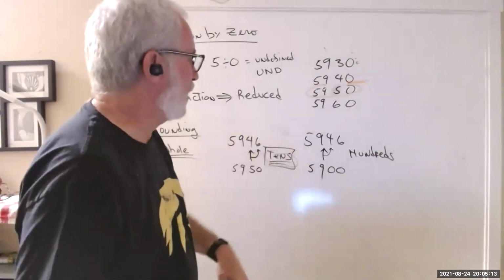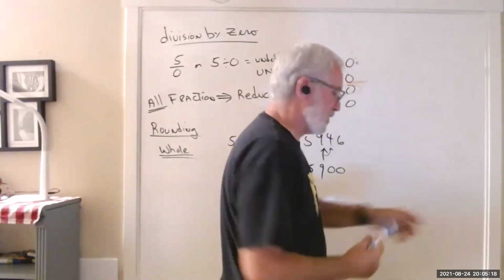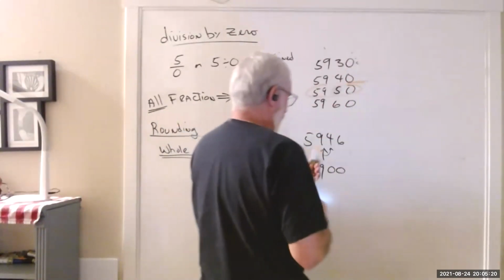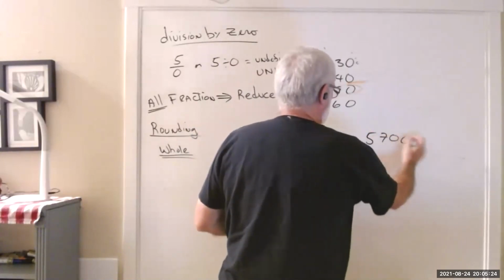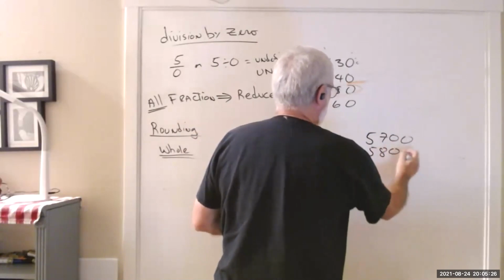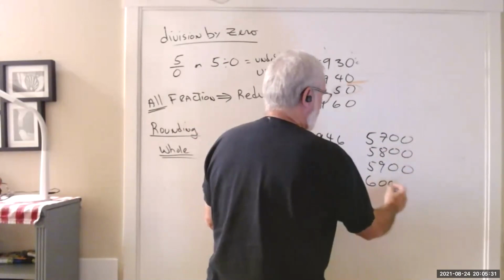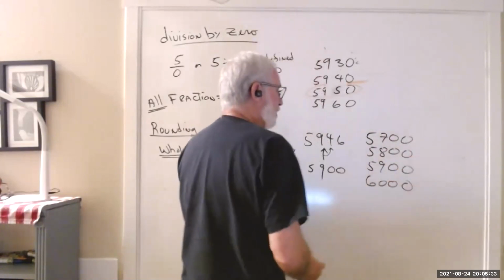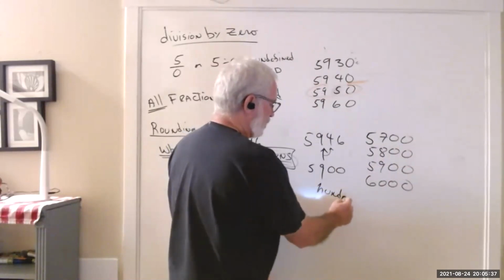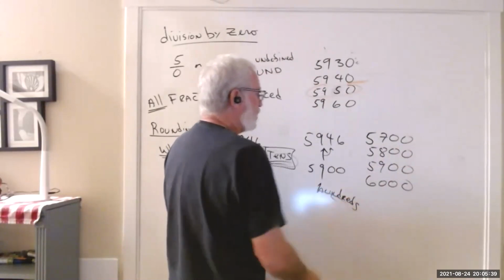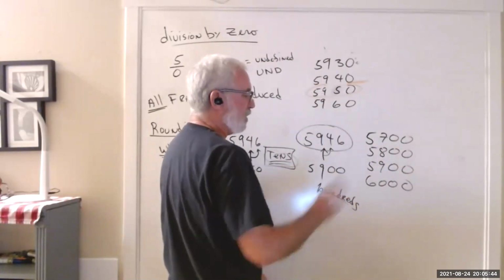Looking at the hundreds, for example, if we round to the nearest 100, we have 5,700, 5,800, 5,900. Next one would be 6,000, because you're going up by hundreds, because that's what it said, hundreds. So you take your number, 5946, and you say, where does it fit?